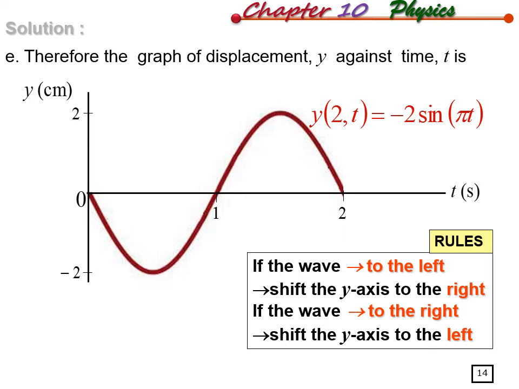The rule that applies here is still the same: if the wave is moving to the left, you shift the y-axis to the right, and if the wave is moving to the right, you shift the y-axis to the left.